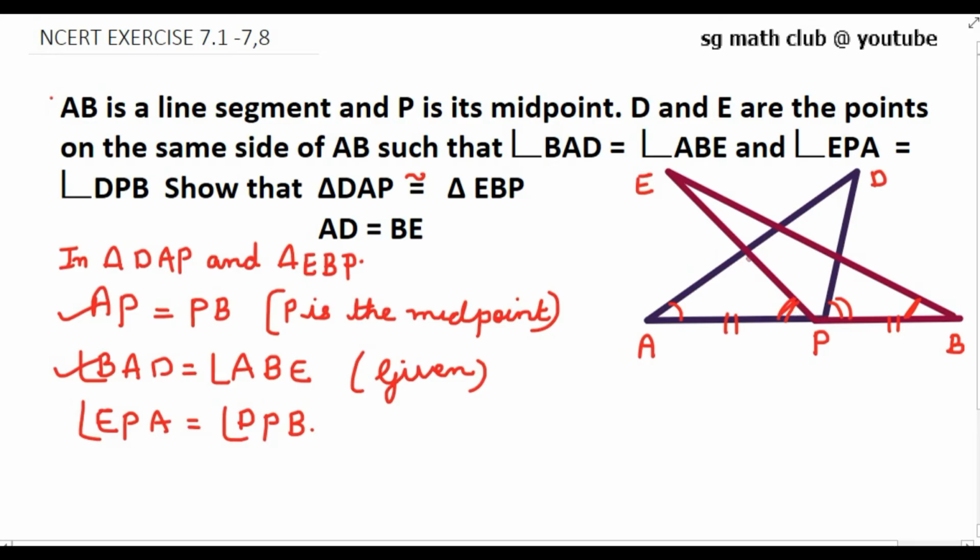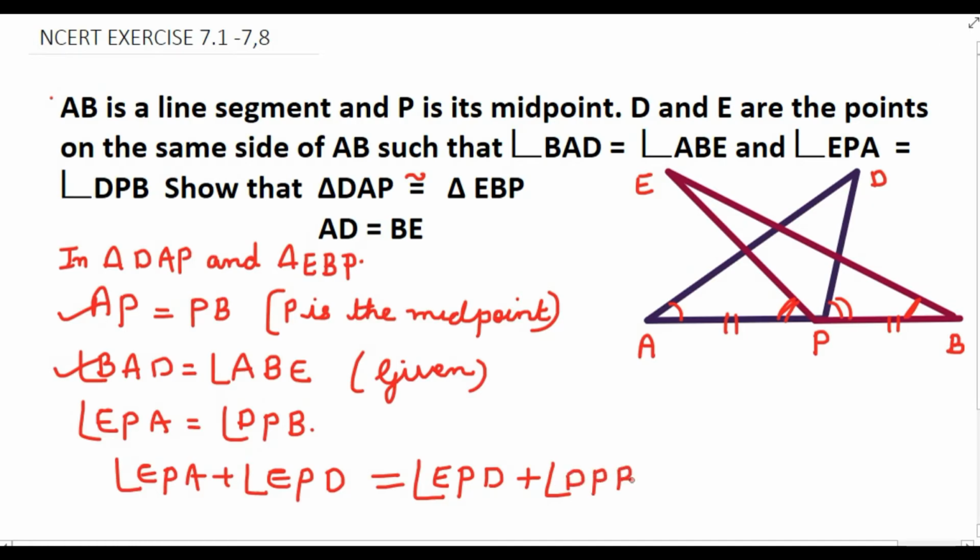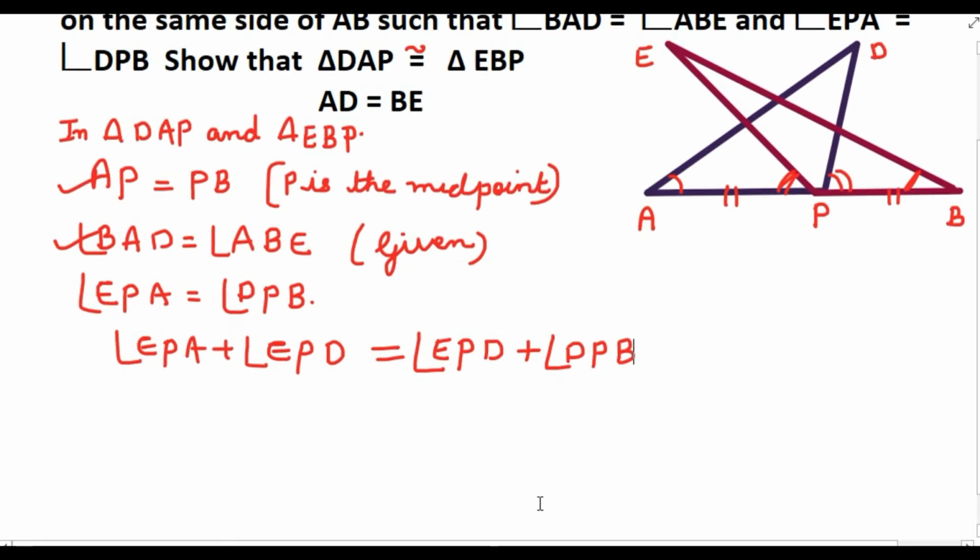If you add angle EPD on both sides, EPA plus angle EPD equal to EPD plus angle DPB. Now EPA plus EPD together will give you this full angle, that is APD.